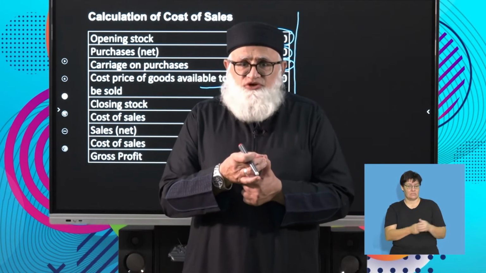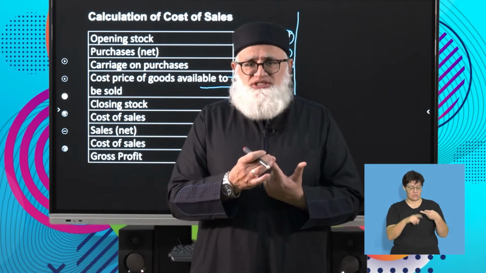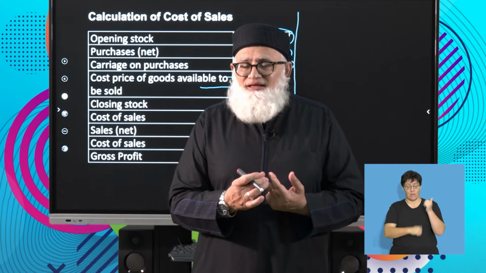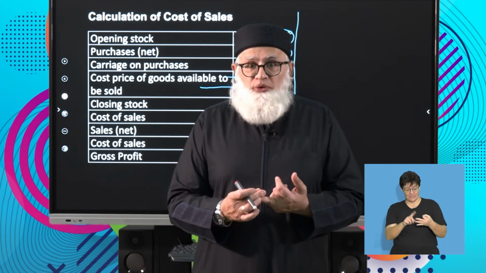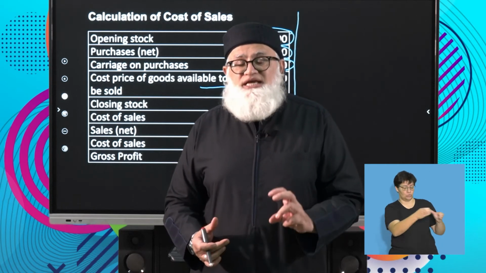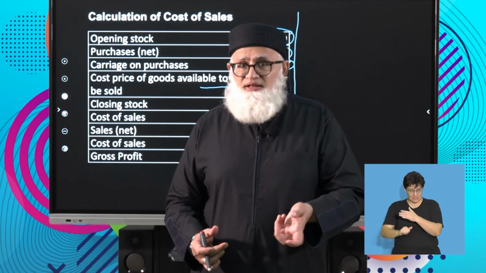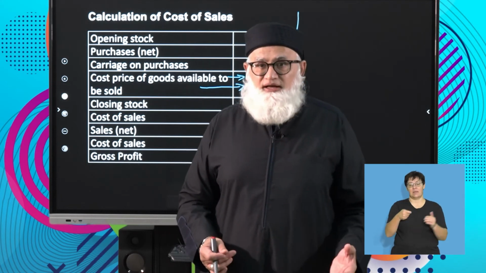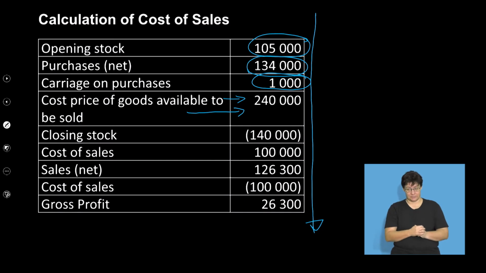Your purchases for cash, plus your purchases on credit, less your returns, less any drawings or donations of merchandise, all of that goes into your purchases account. This will then give you your net purchases figure, right? So that's the net purchases figure that we're referring to there.